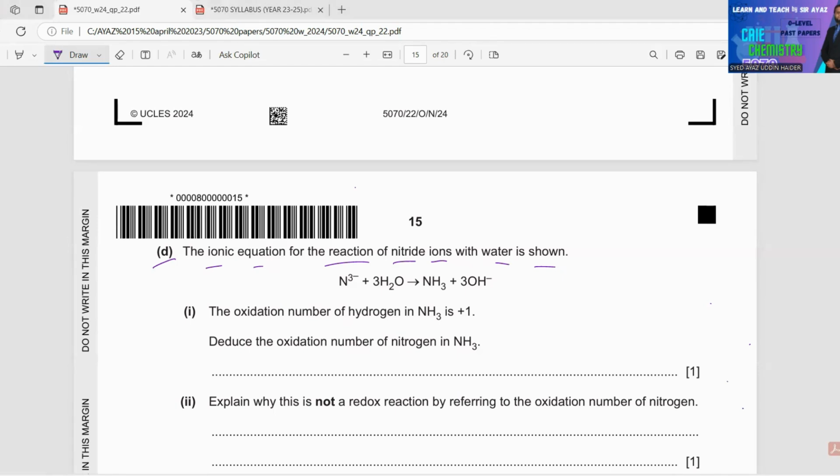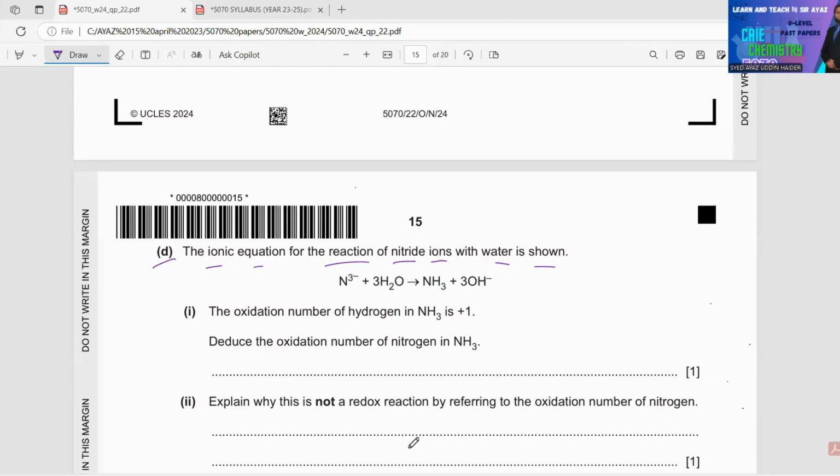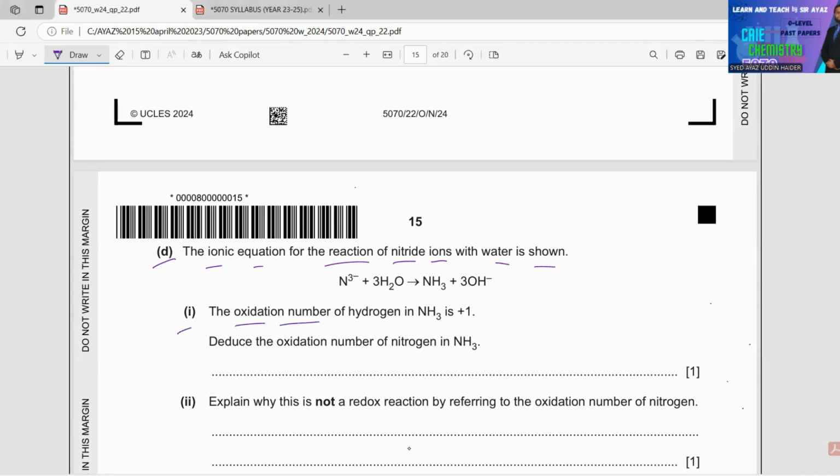Here is the reaction: N3 minus plus 3H2O gives NH3 plus 3OH minus. Number 1, the oxidation number of hydrogen in NH3 is plus 1. The oxidation number of nitrogen in NH3.